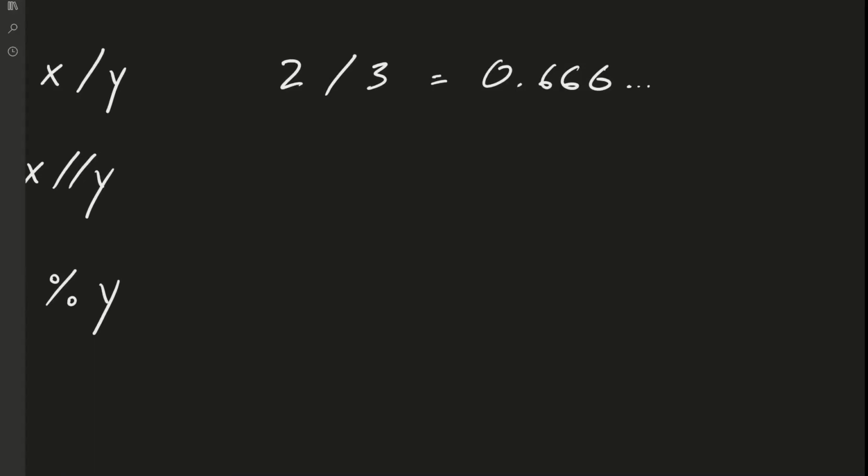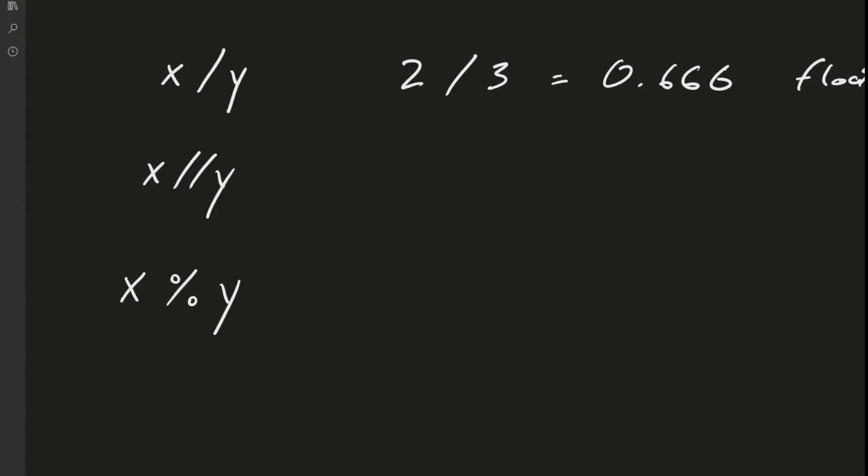And this is going to be a floating point number because it has a decimal part. But if we do this same operation with integer division, it rounds to negative infinity. So it's going to be 0.